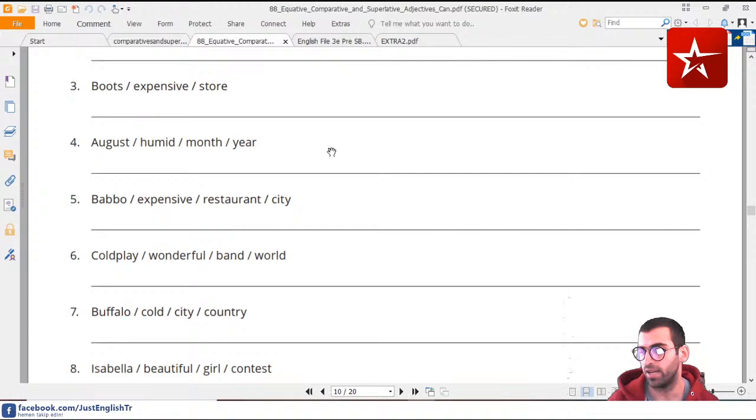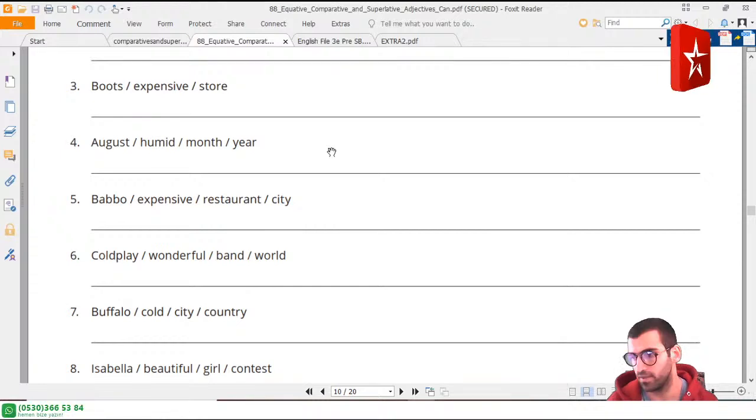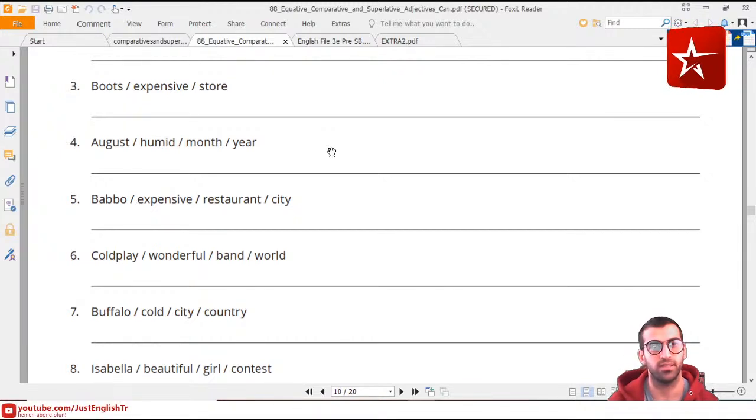Yes, Sıla Kökdemir, not is. Boots are the most expensive in the store. Yes, boots are the most expensive things in the store. The most expensive products in the store, we can say. Yes, boots are, not is. Number 4, August.